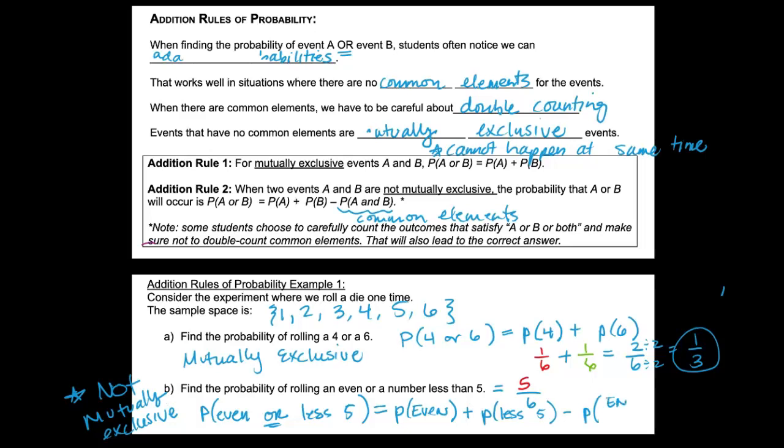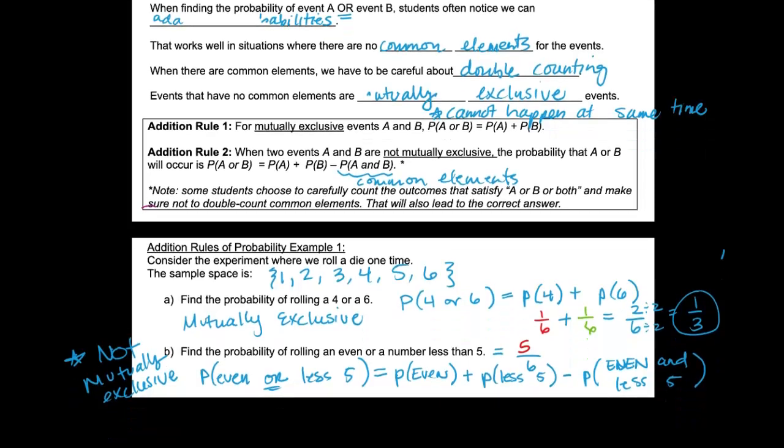So this is going to be even and less than 5. So let's look at these and count how many satisfy these conditions. And so for probability of being even, I'm just going to circle all of the even numbers. So 2, 4, and 6.